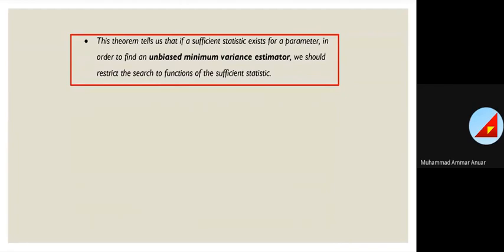Then to find the unbiased minimum variance estimator, you only focus on functions of the sufficient statistic. Let's say our sufficient statistic is summation Xi, then X bar, which is summation Xi over n, is a function of the sufficient statistic. So just focus on functions of the sufficient statistic.